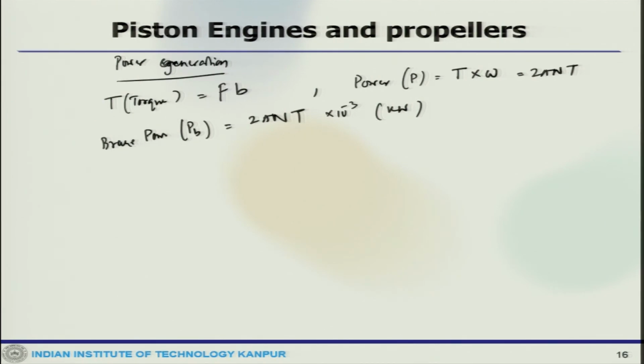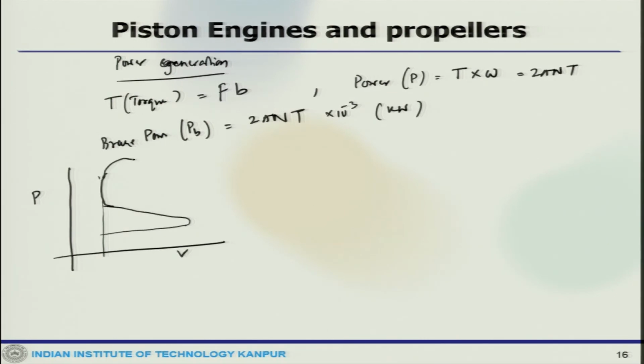and you can see it in a PV area diagram. Let us say this is what happens at the intake stroke, then it goes back here, goes like that and comes like that.